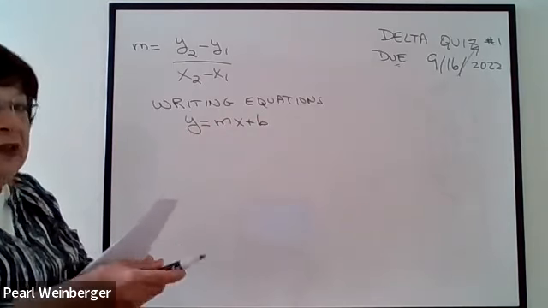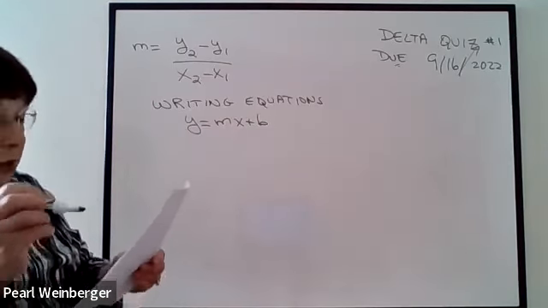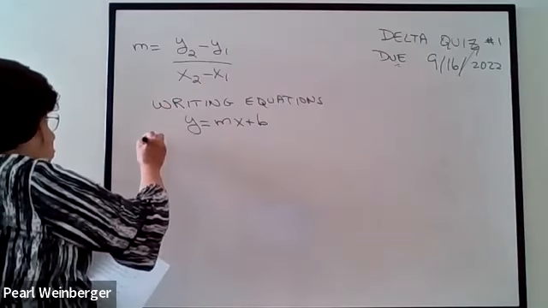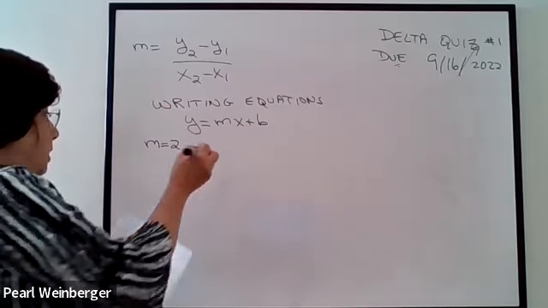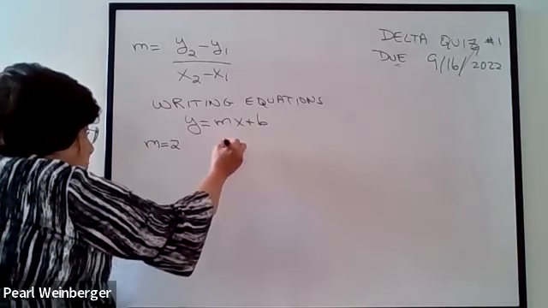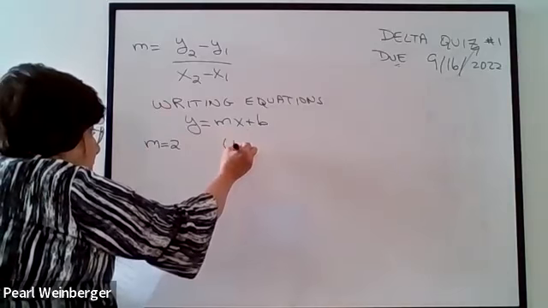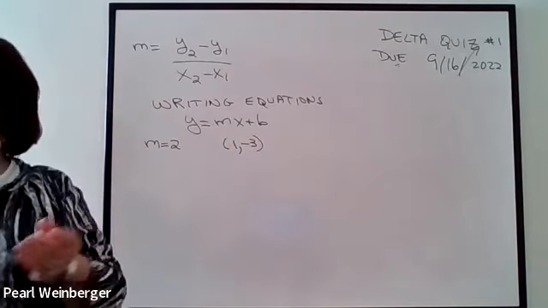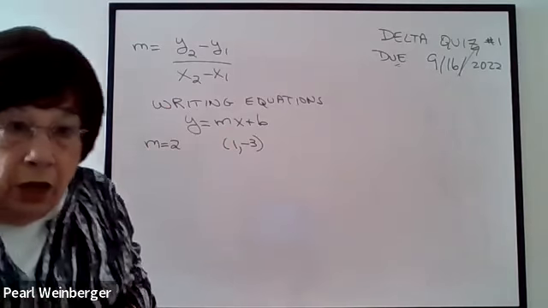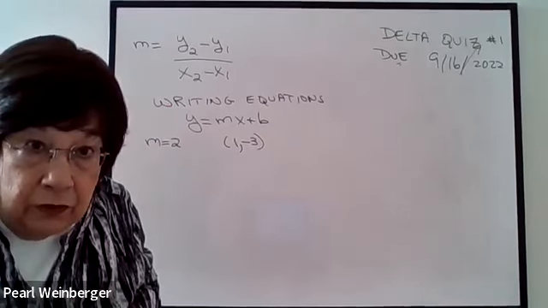With the given characteristics, the m is 2. They're telling me I have a line whose slope is 2, and it passes through the point (1, -3). I'm describing a line to you. I want to know what is the equation of that line.